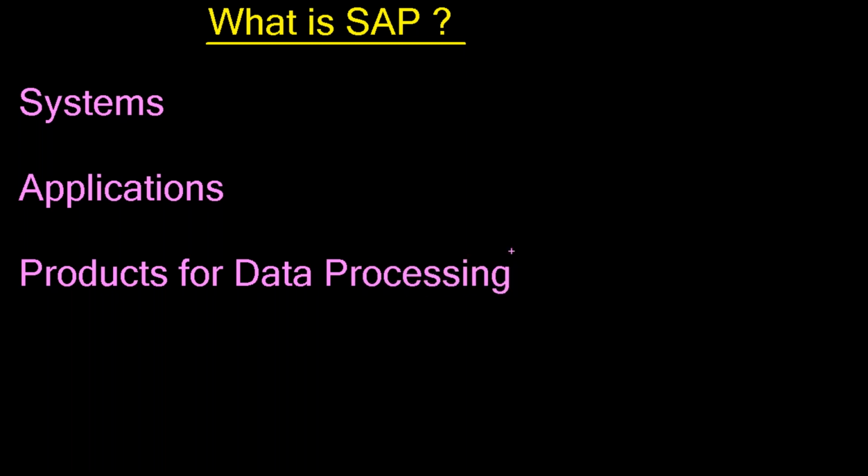If you want to process any data, we need systems, applications, and products. Systems means operating systems. SAP can be installed on any operating system: Windows, Linux, AIX, Mac OS, and Solaris also.